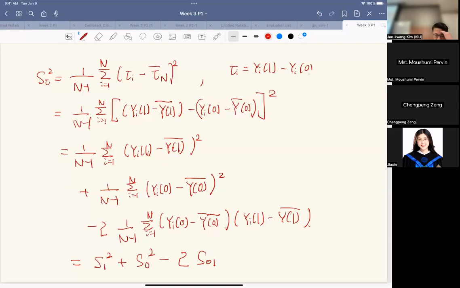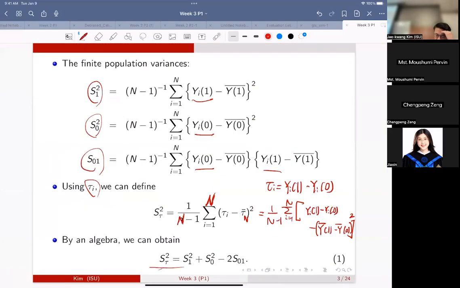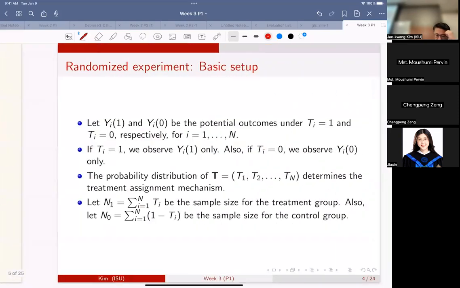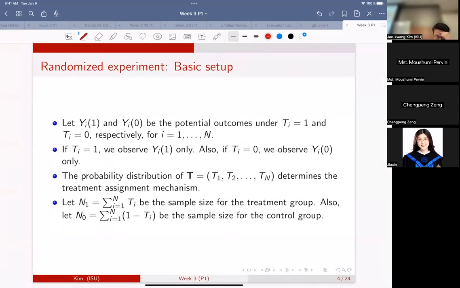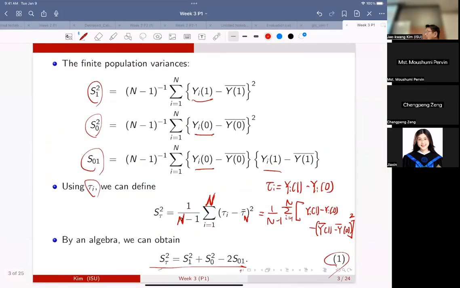Okay. So that basically has established the relationship in equation 1. So now, so far this is just the population quantity.